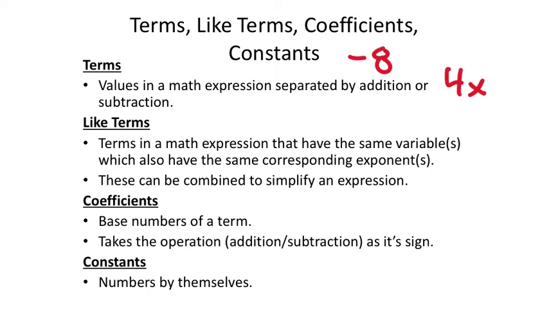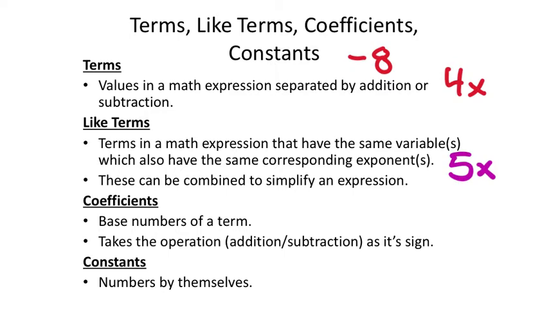So, for example, that 4x up there, if I looked at something like 5x to the power of 2, this 5x to the power of 2 and the 4x are not like terms because this x has a power of 2 and this x does not. Now, theoretically, if I were to take that power of 2 away, now we would say that the 4x and the 5x are like terms, and I could combine them to get one final sum of x's. It'd be 9x's, of course.